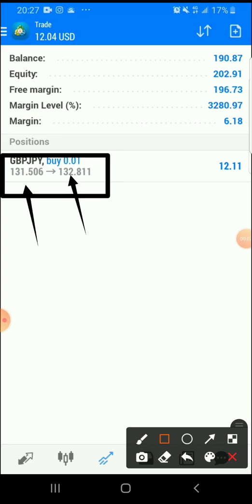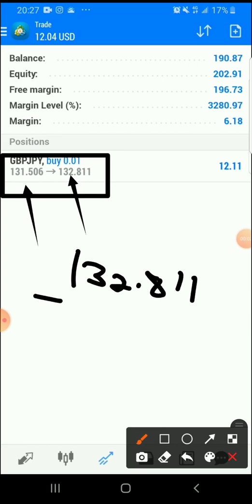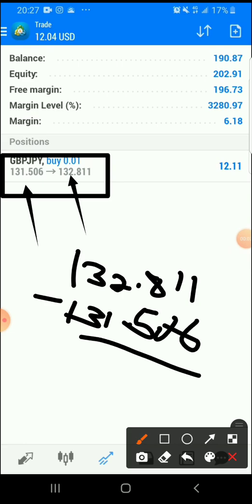For me to calculate my pips, I would simply say the higher price, which is 132.81, just like we do in calculating spread, minus the lower price, which is 131.506.